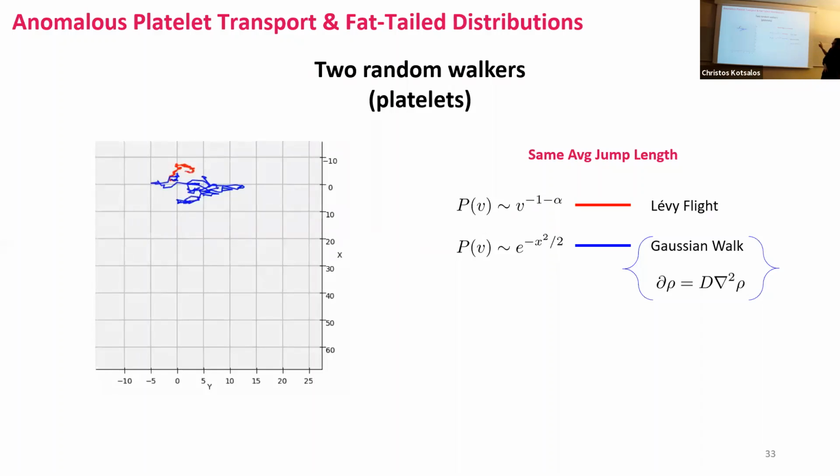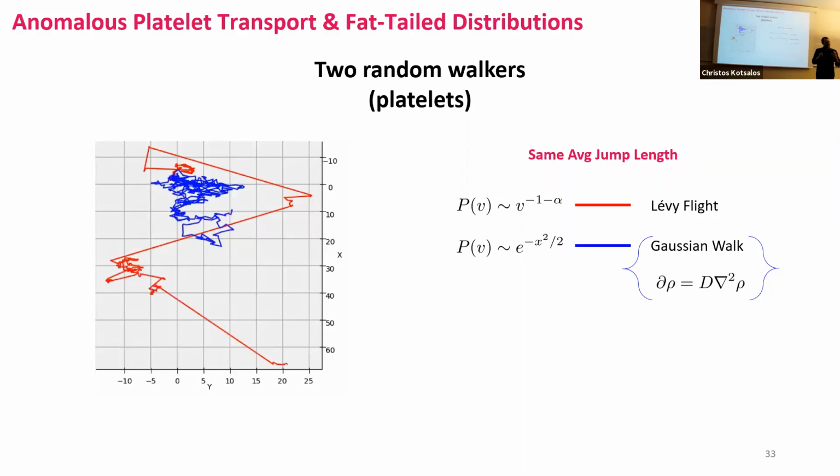You see these huge jumps of the red particle, and essentially the red particle explores the domain in a completely different way than the blue particle. I would like to highlight that these two walkers have the same average jump length.